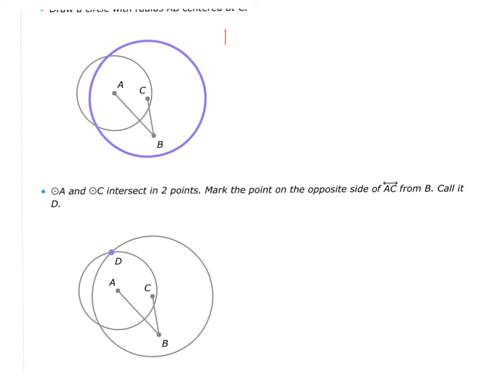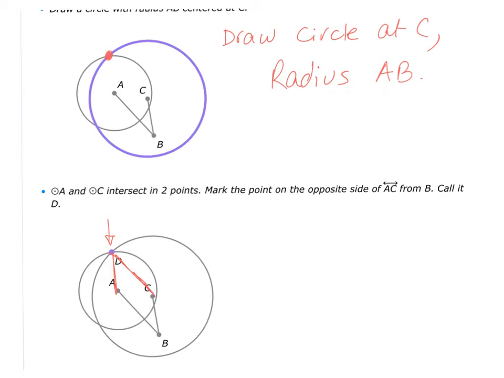So draw a circle at C and radius is AB. So we'll get two circles. Then we'll mark point D, which is right here. And then we'll complete the diagram. So this becomes our parallelogram.